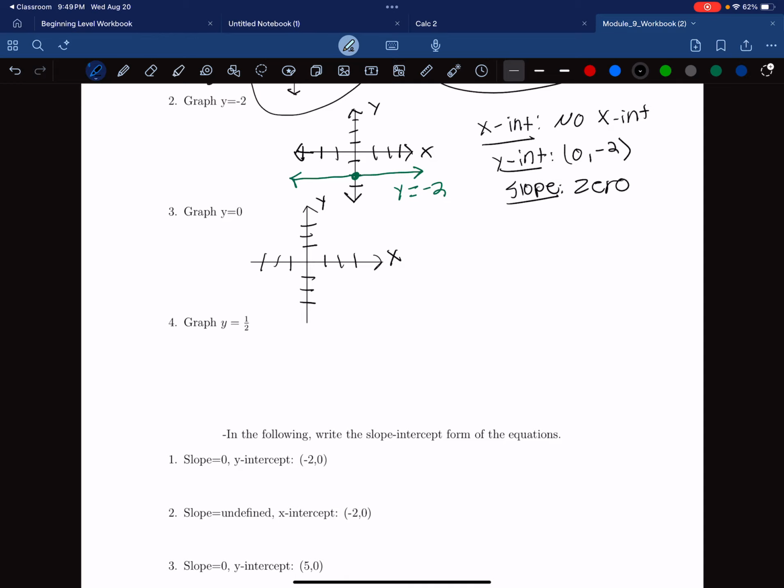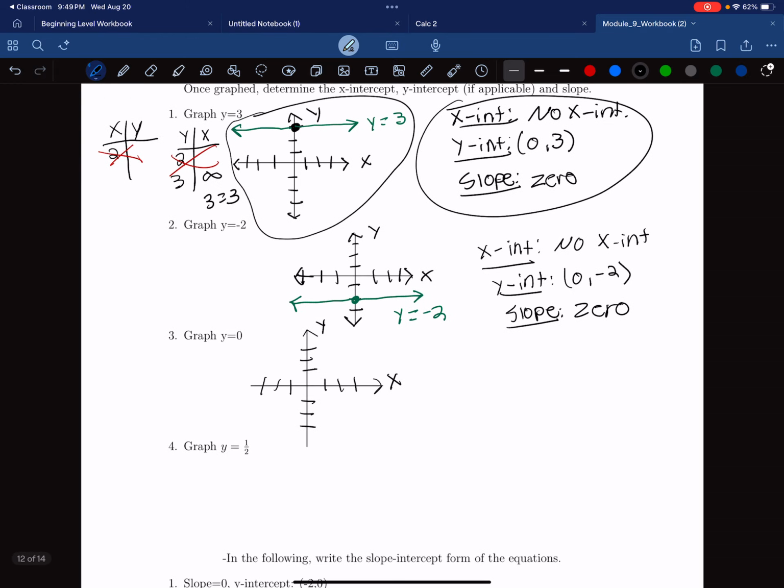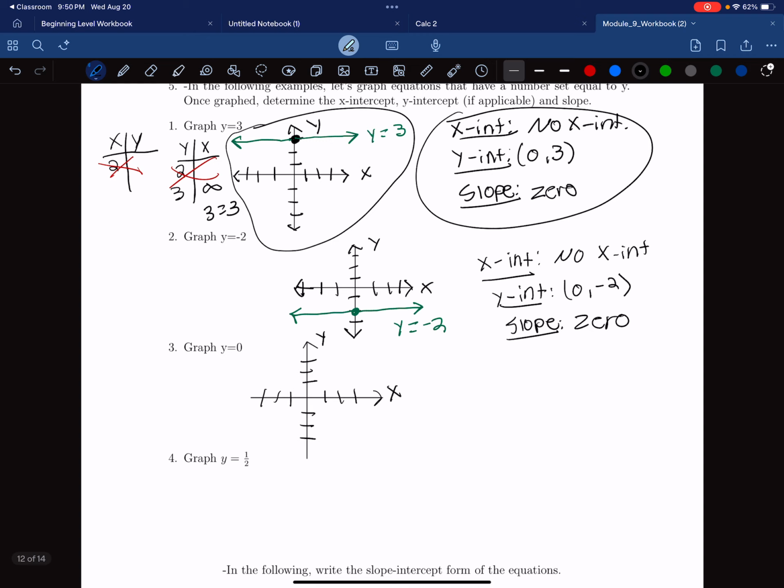Well, we know from the trends that we're gathering that whenever we have an equation where we have y equal to some number, we're going to have a horizontal line, because we have infinite values of x. But in this case, we're going to have infinite values of x when y is equal to 0.